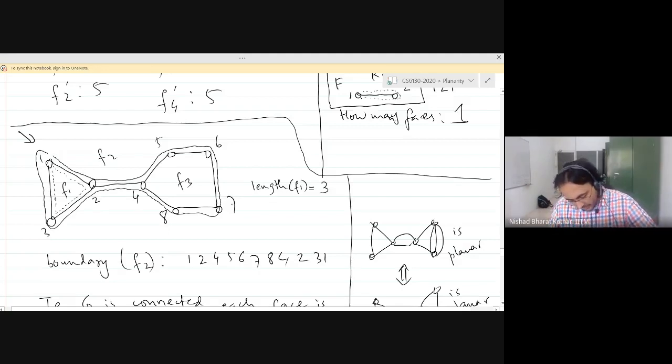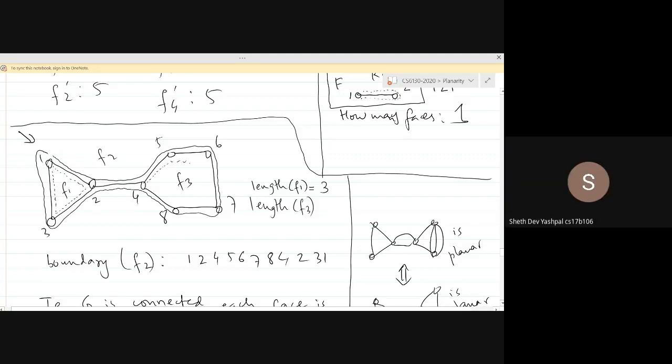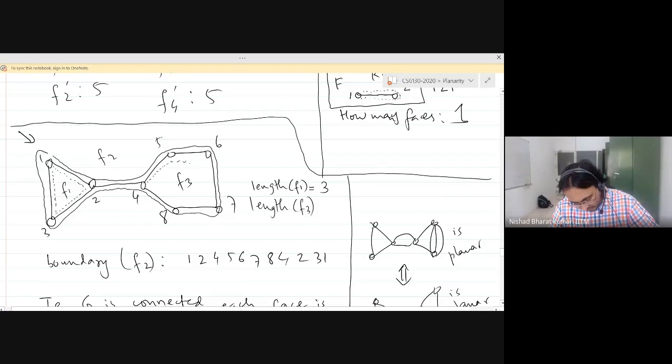Okay. Can anyone else tell me what the length of F3 is? 5. What about F2? What is the length of F2? Remember, the boundary is a closed walk. It is the closed walk that represents that face, that is bounding that face.